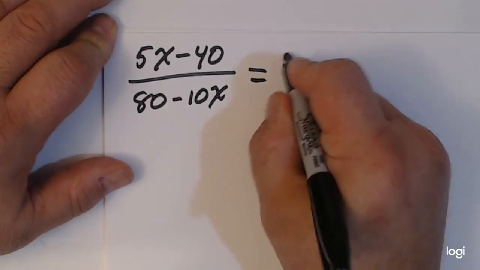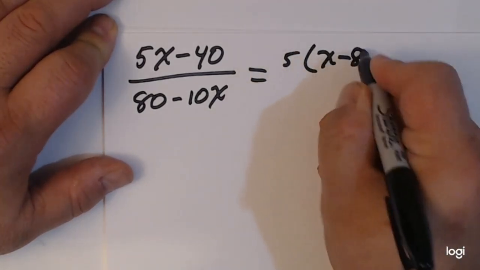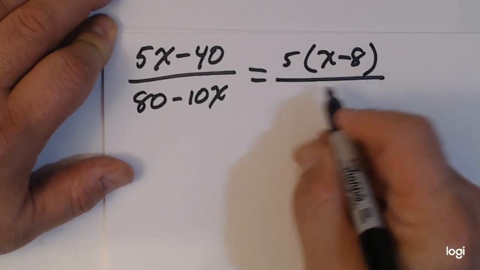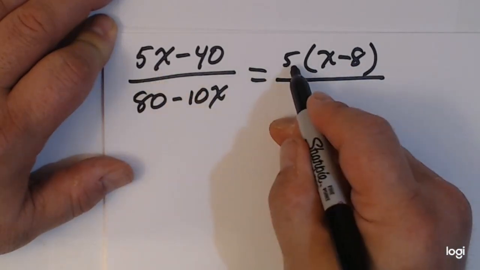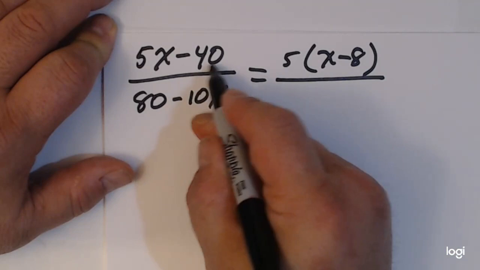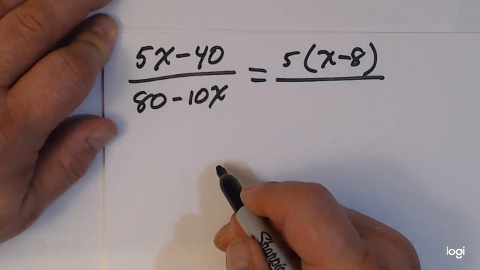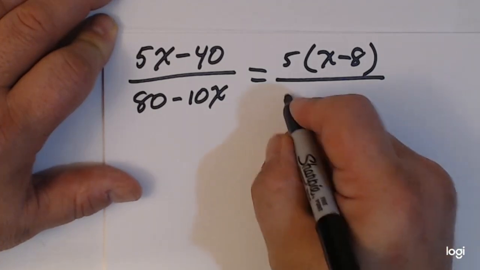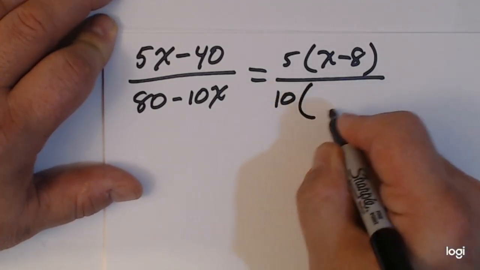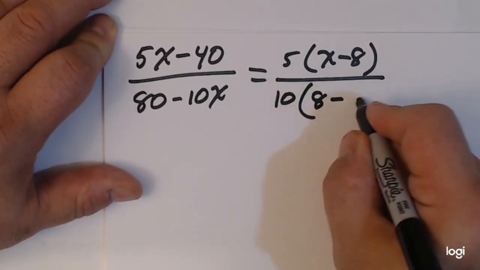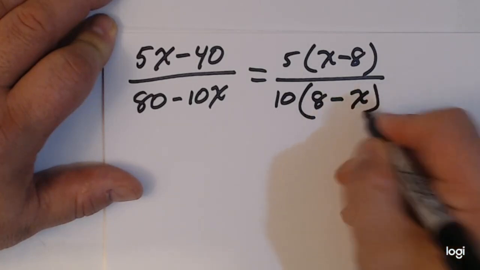So we get 5 times x minus 8. 5 times x is 5x, and 5 times minus 8 is minus 40. And from the denominator, let's factor out a 10. So we get 10 times 8 minus x.